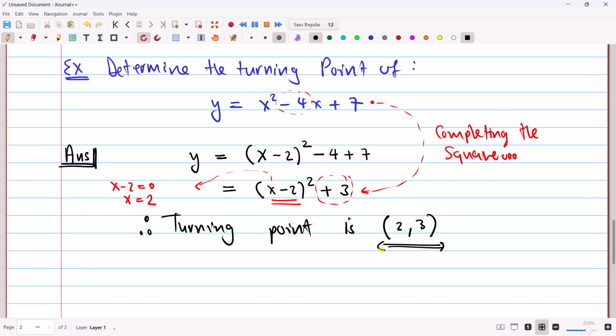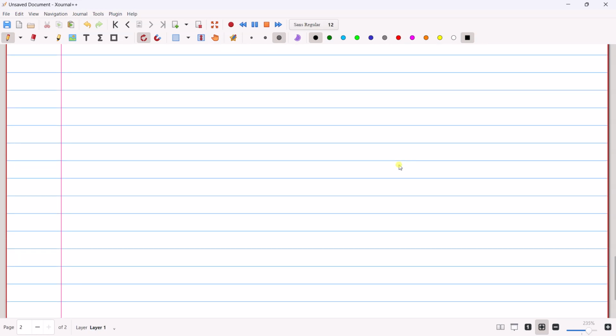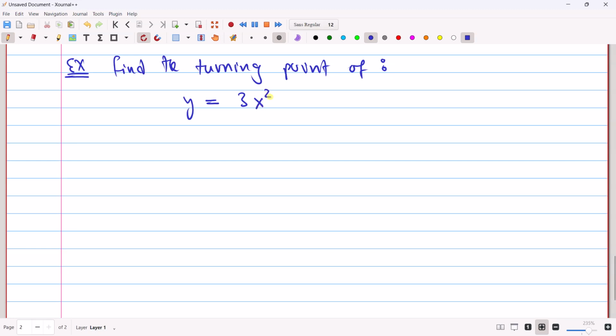Now what you're going to do is look at a much trickier example for doing the same thing. So let's look at another example. Let's say find the turning point of y equals 3x squared minus 7x plus 15.